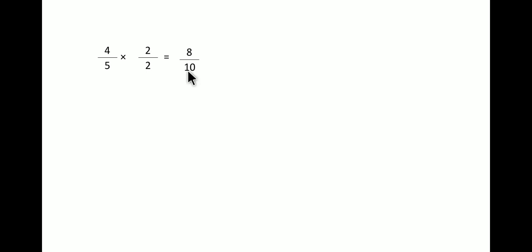So let's look at a similar example, 7 by 20. Here the denominator contains 20, which is not a power of 10, but 7 by 20 can be easily converted into a fraction which will contain the denominator equal to a power of 10.